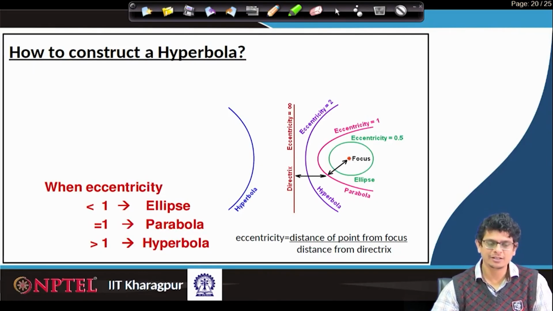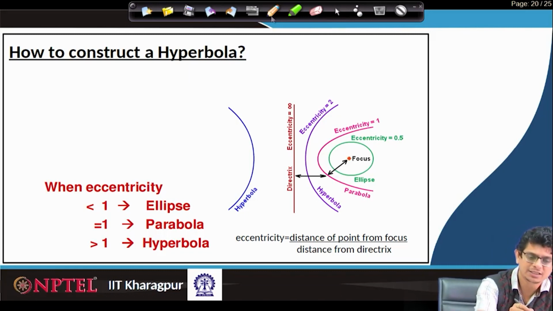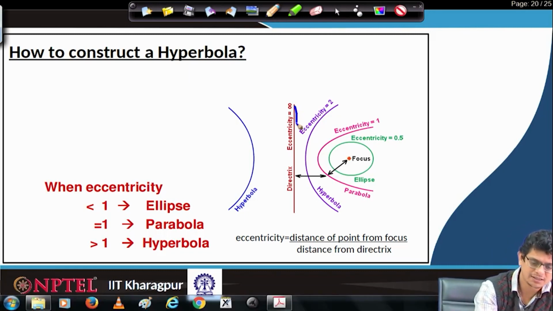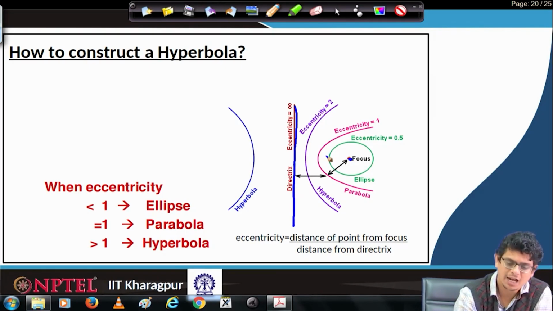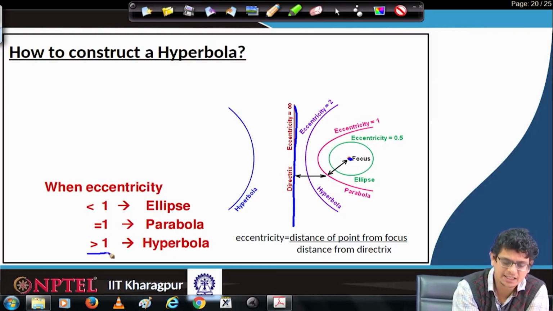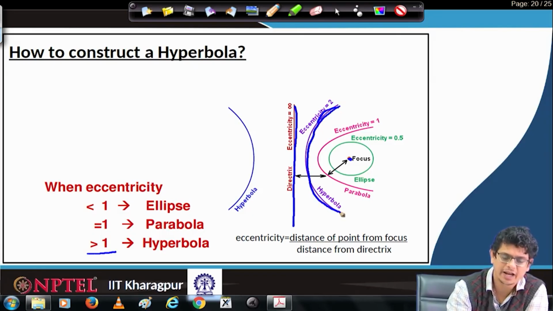Just to recall, in the focus directrix method, there is a directrix, and the focus is at a certain distance from this directrix. When eccentricity is greater than 1, for example 2, it constructs a hyperbola.